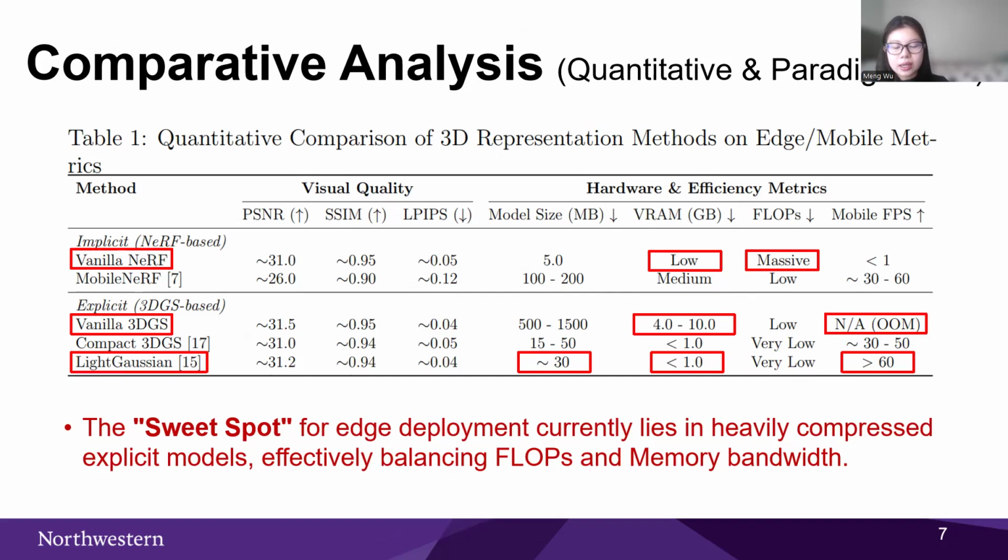Through pruning and quantization, it reduces the model size to just around 30 MB and keeps VRAM usage comfortably below 1 GB. Most importantly, it achieves over 60 FPS on mobile, making it highly suitable for latency-sensitive applications like mobile AR or VR, where high frame rates are mandatory to prevent user motion sickness.